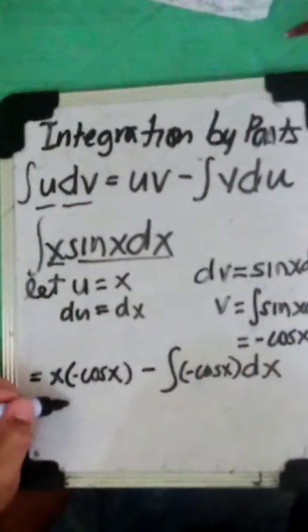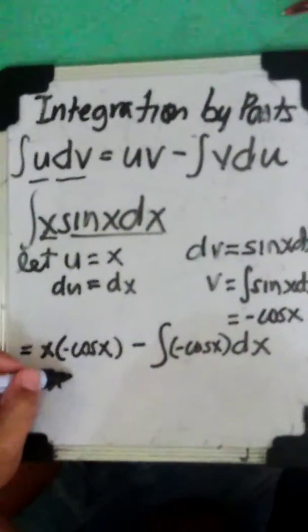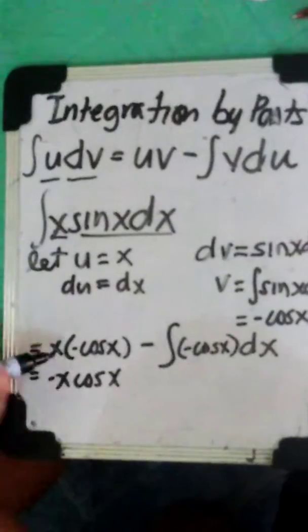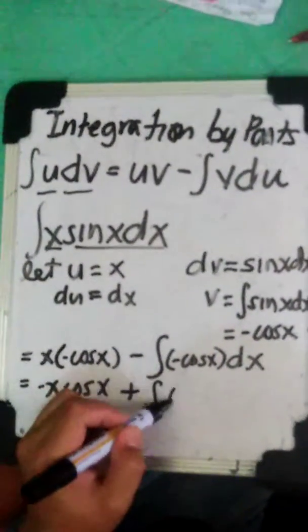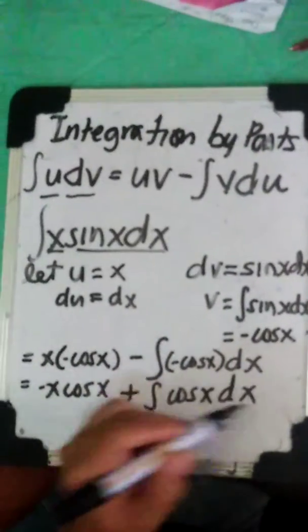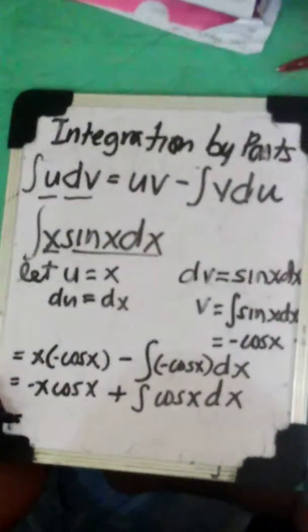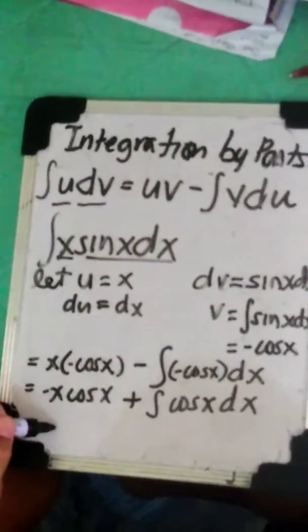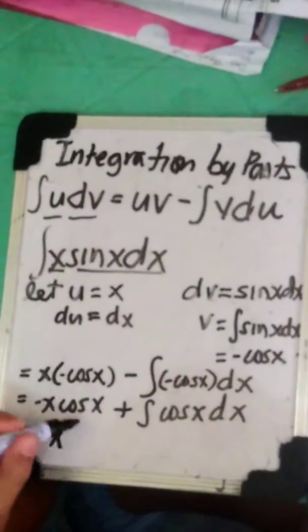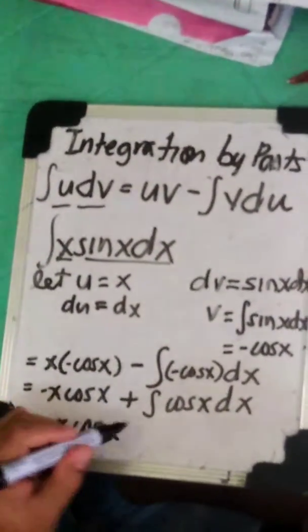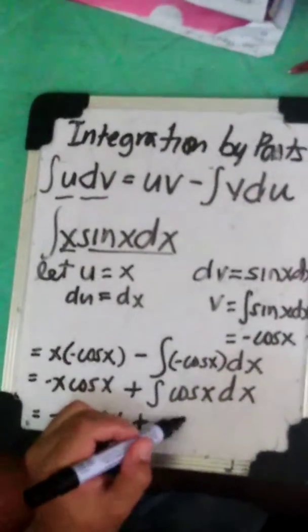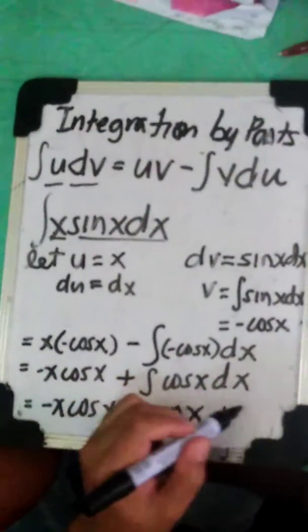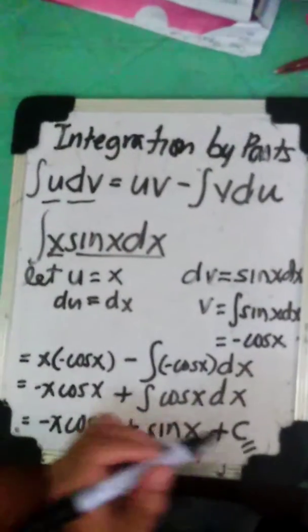Simplifying, we have negative x cos x plus integral of cosine x dx. Therefore, the answer is negative x cos x plus sine x plus c.